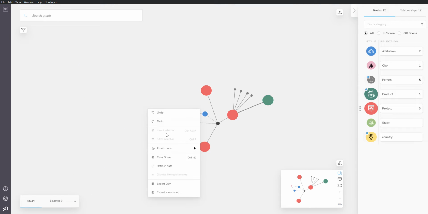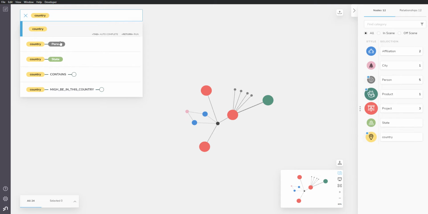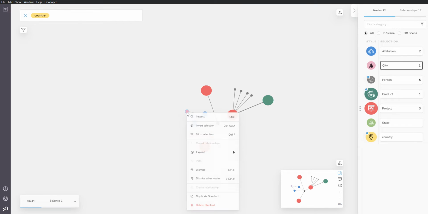Also, if you want to make a query on a person or on a project, you can also look for countries, like which countries were they involved, or for example here, expand.